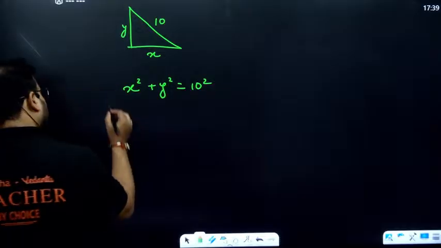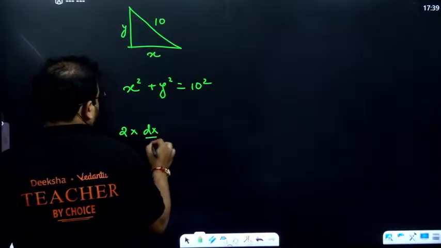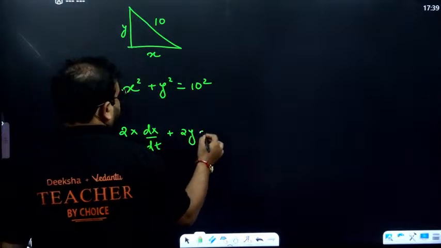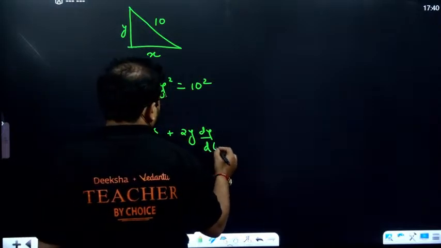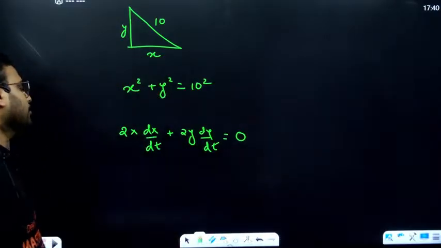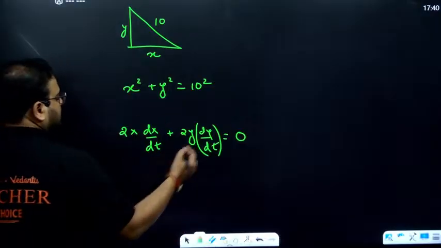Now differentiate this condition. You will have 2x dx by dt plus 2y dy by dt equal to 0. I want to find this value, so I'll take everything on the other side.